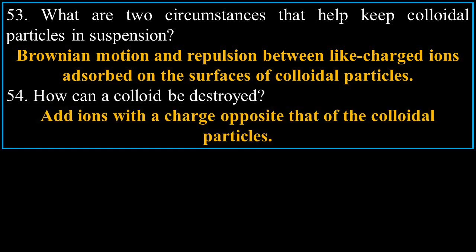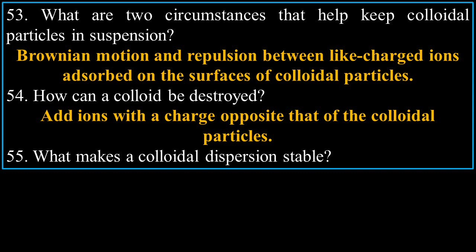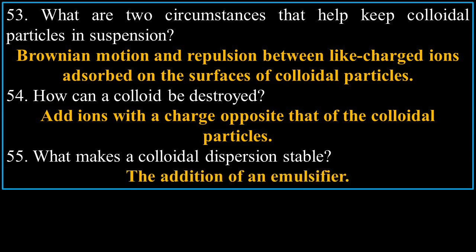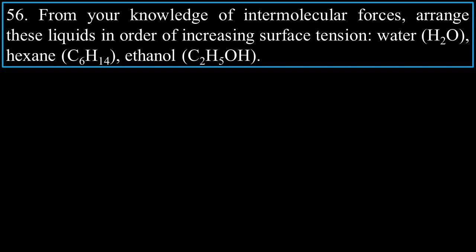When they're attracted, the anions with a charge opposite to that of the colloid particles, they clump, they kind of stick together. What makes a colloid dispersion stable? By adding an emulsifier, which creates micelles and things like that that keep the particles suspended.